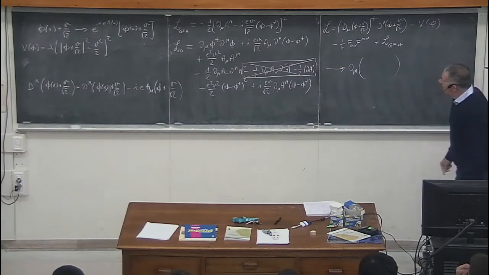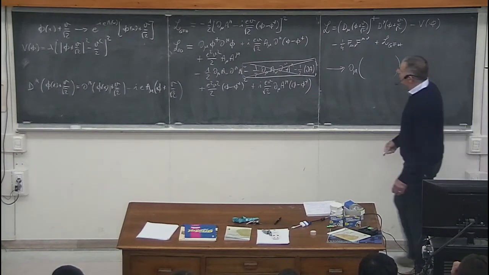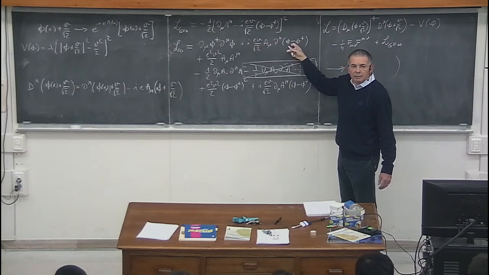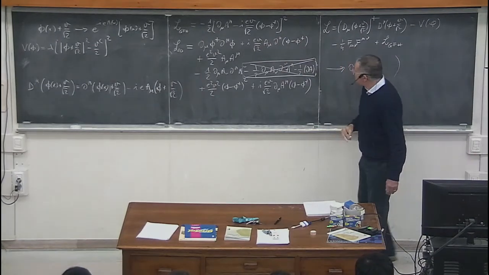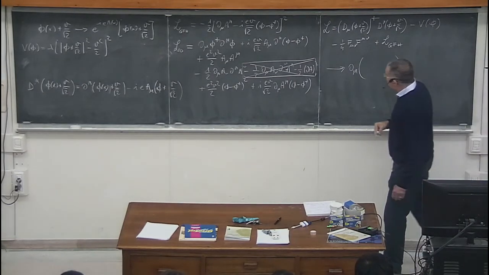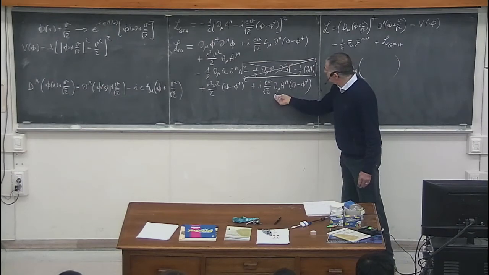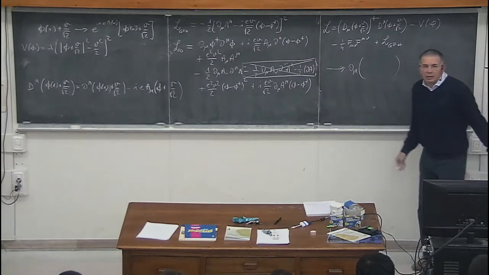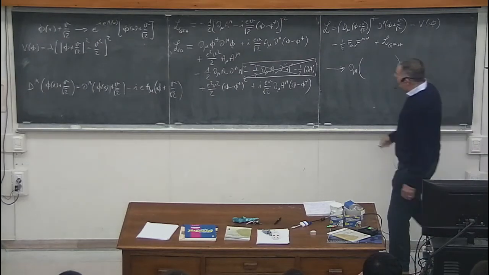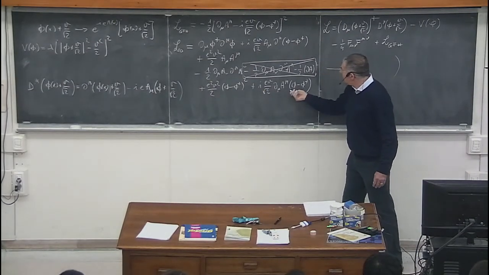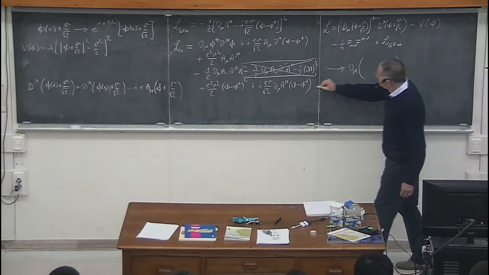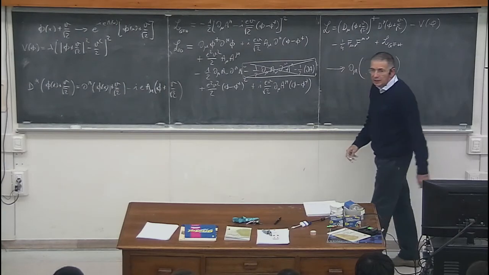Then look at these two terms. These two terms are particularly unpleasant because they are quadratic in the fields, but they mix the vector field with the divergence of the scalar field. But if I perform a partial integration, for example, in this term, and I assume that the fields vanish at infinity rapidly, then you have a minus sign here, and the derivative is acting on phi minus phi dagger, and these two terms cancel exactly.